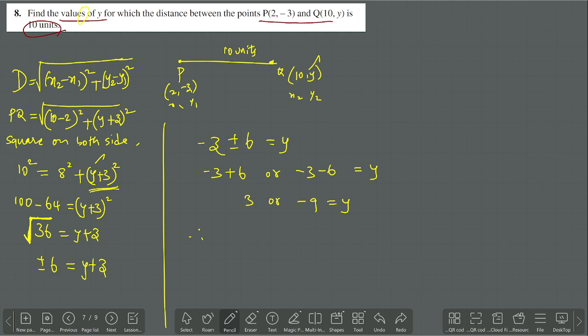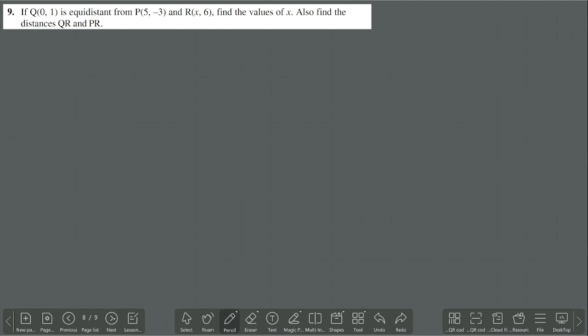You just write: therefore, the required y values are 3 comma minus 9, or minus 9 comma 3. Like that you can complete. Either in 2 marks or 1 mark they will ask. Okay, right. Next we are going to question number 9.